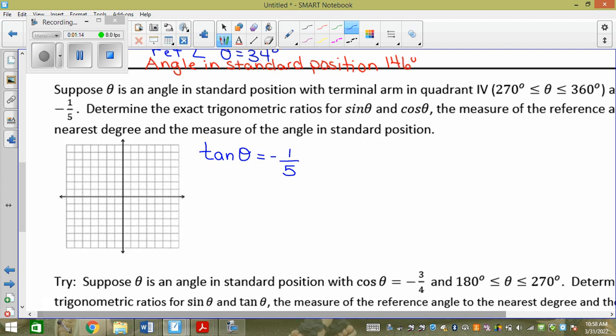You have to watch yourselves, guys, though, because remember that negative sign when it's a fraction can be in the top or it can be in the bottom, correct? So just because they have it in the top doesn't mean it's necessarily in the top. Okay? What is tan as an acronym? Tan your x box. So it's y over x. We agree?